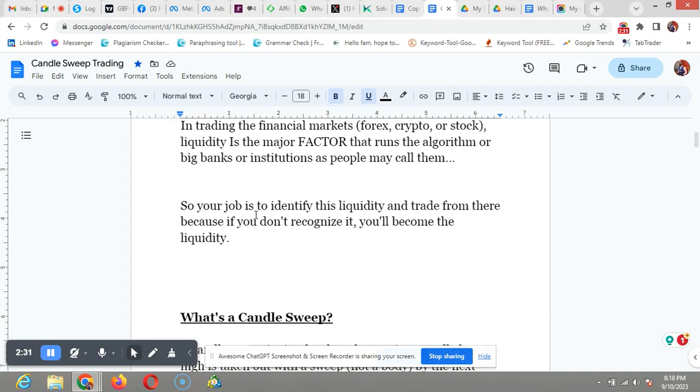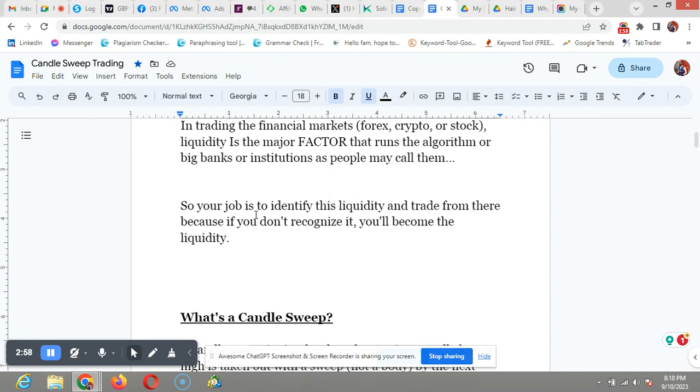You need to find the liquidity, or else you become the liquidity. Our goal in this system is to identify liquidity in the market. Once we find it, which I will show you how to do as simply as possible, your job is to trade from that point.